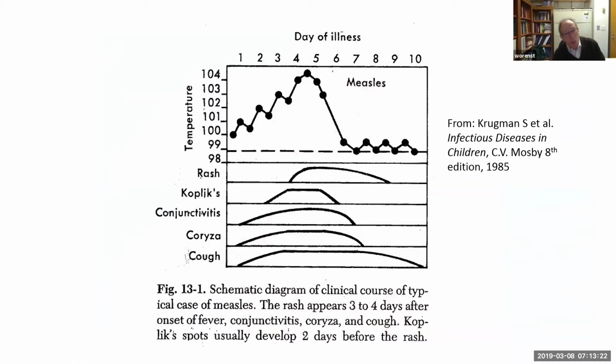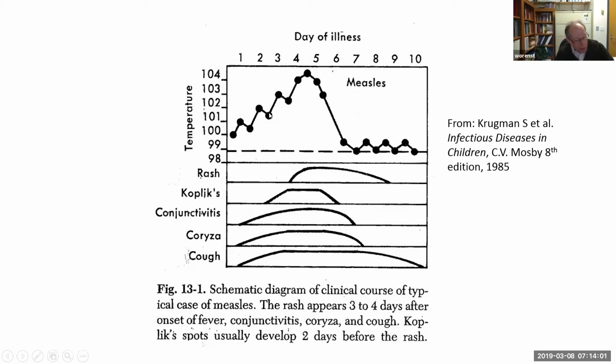What happens with measles is you start with a prodrome, and the prodrome involves generally one or more of these 3 C's: conjunctivitis or photophobia, coryza or runny nose, and cough. And they all start before the rash. The incubation period averages about 12 days. It generally is 10 to 14 days. And it starts with the onset of these symptoms and gradual increase in fever.